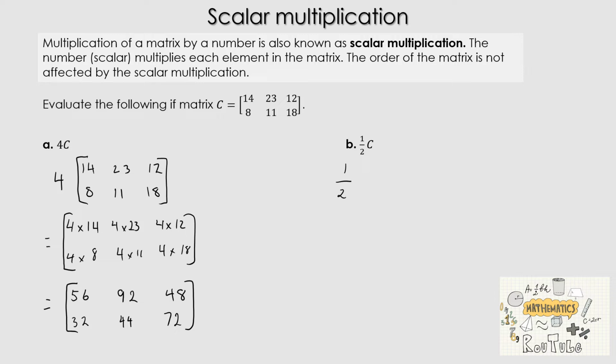So here we've got 1/2, and then we've got 14, 23, 12, 8, 11, and 18. Once again, we're going to multiply each element inside of the matrix by 1/2 or divide it by 2. It's the same thing.